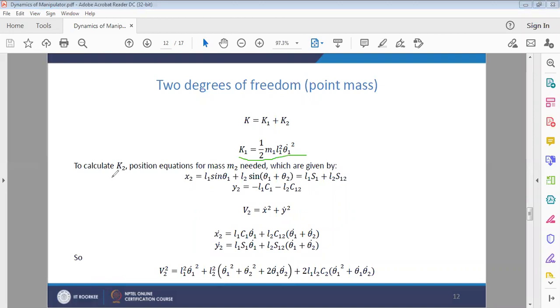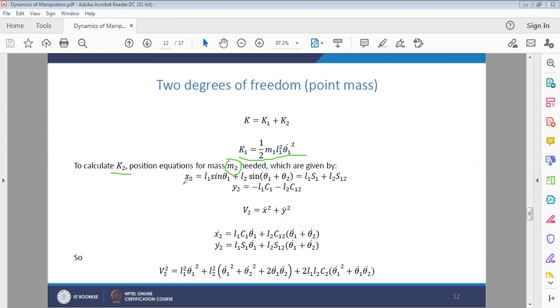While calculating K2, we need to know the position of the mass M2 in the coordinate space. First we have to derive that, and after that we take the velocity of that mass. So what is the position of M2 in the fourth quadrant?